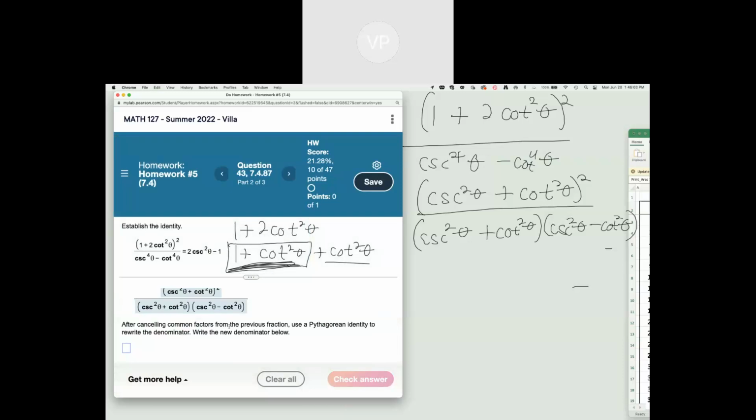Now this one's a little bit weird, but let me just rewrite that top so that everyone is 100% clear on what that is. When I have a parentheses squared, remember, it means I have two of the same parentheses. So cosecant plus cotangent twice is what I have.